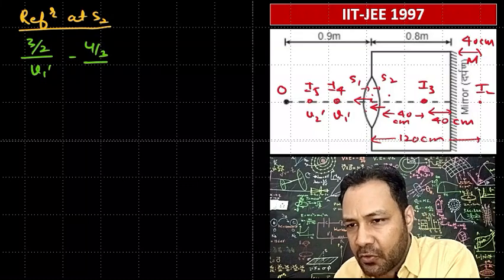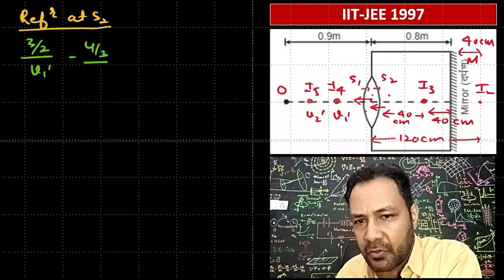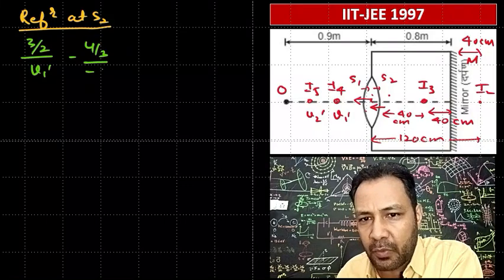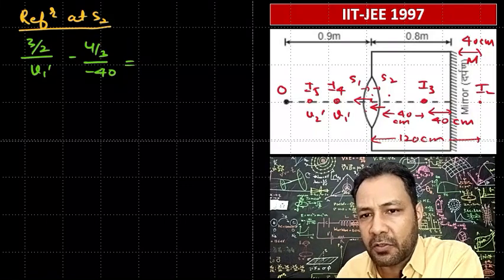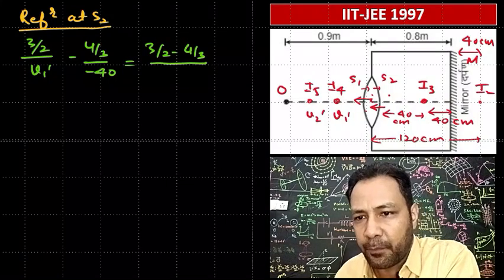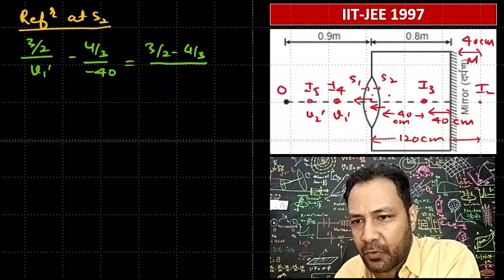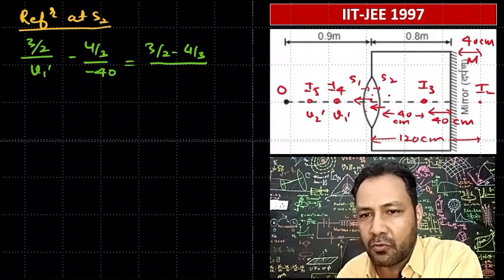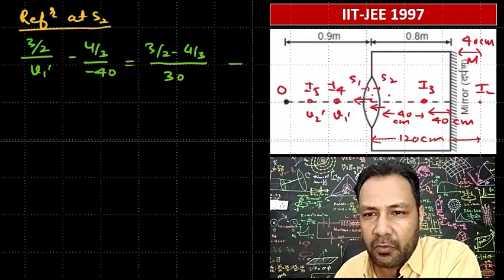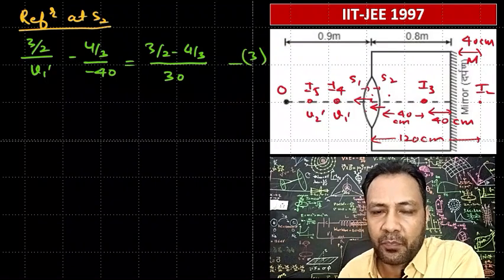And this I3 was the object, and the left side direction is the positive direction, so u is equal to minus 40, is equal to 3 by 2 minus 4 by 3 divided by R. For the surface S2, now the positive direction is towards left, and the center of curvature is on the left side only, so R will be plus 30. Now this is, let me say, my third equation.